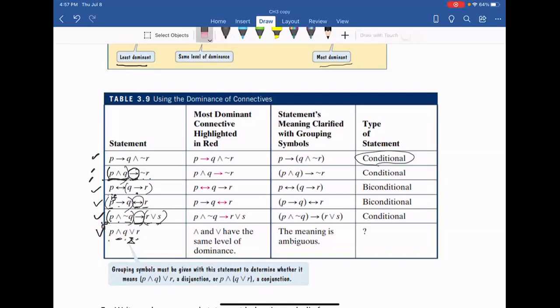If the parentheses is shown here, that means this one is the dominant, that is the conjunction. I hope you are clear about this part. Let's move on. If you have any question, please let me know.